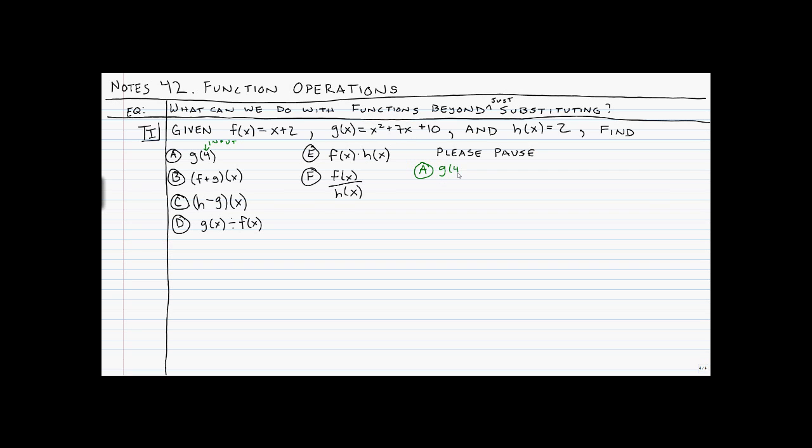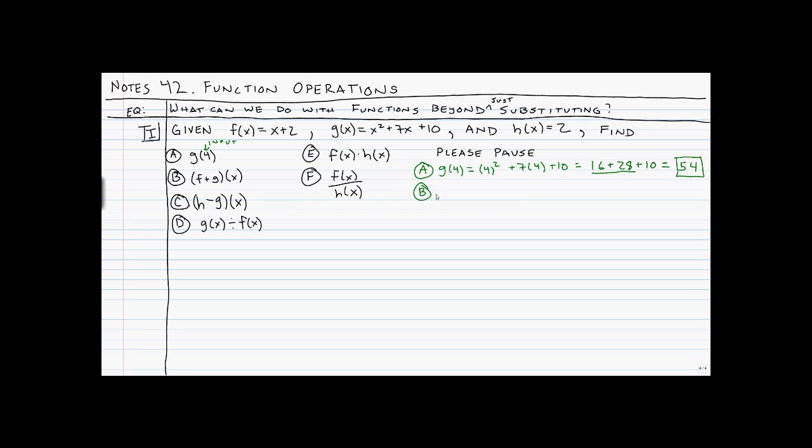So g of 4 is x squared plus 7 times x plus 10 with 4 substituted in, which becomes 16 plus 28 plus 10. Those first two are 44, plus 10 equals 54. So our first one, A, the answer is 54, just a number, because we're substituting in a number.